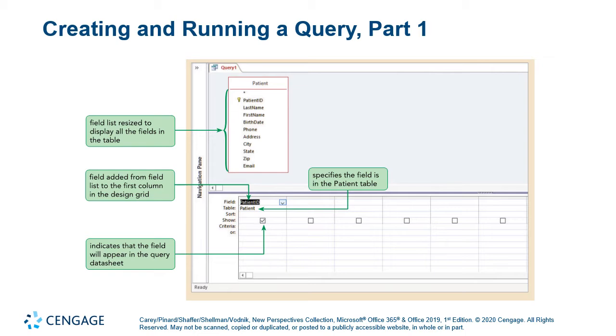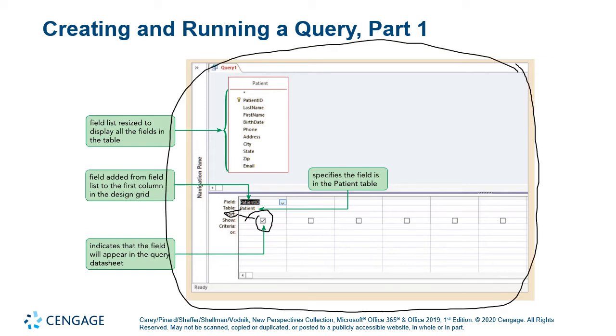Now, do you want to really show it? Because in the future, you will see some queries will hide some of the columns. They will be included in the query, but are not displayed. If you want to display it, make sure you check this checkbox. Do you want to sort based on that records? All of them can be determined. So this is the main window we will focus on in this chapter.